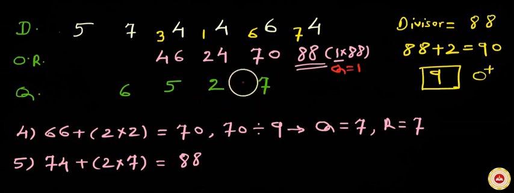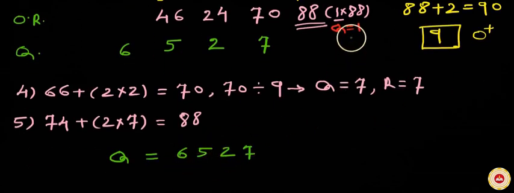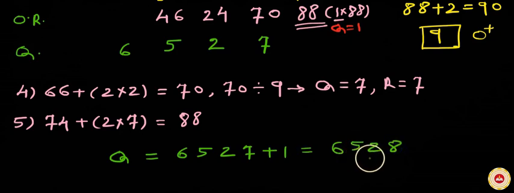Now friends, let us find the quotient. Quotient is 6527. Now add to this quotient the 1 which we have calculated in the last osculation result. 6527 plus 1 is 6528, and this is our final answer.